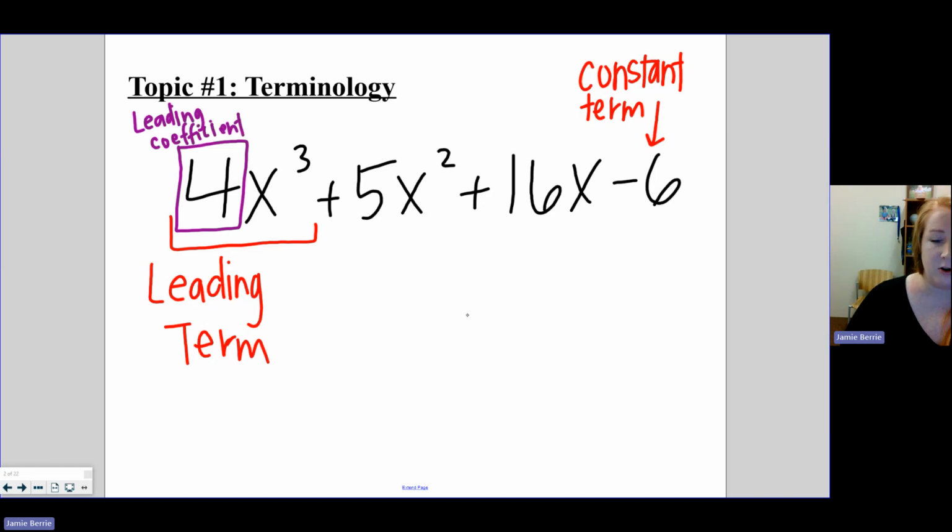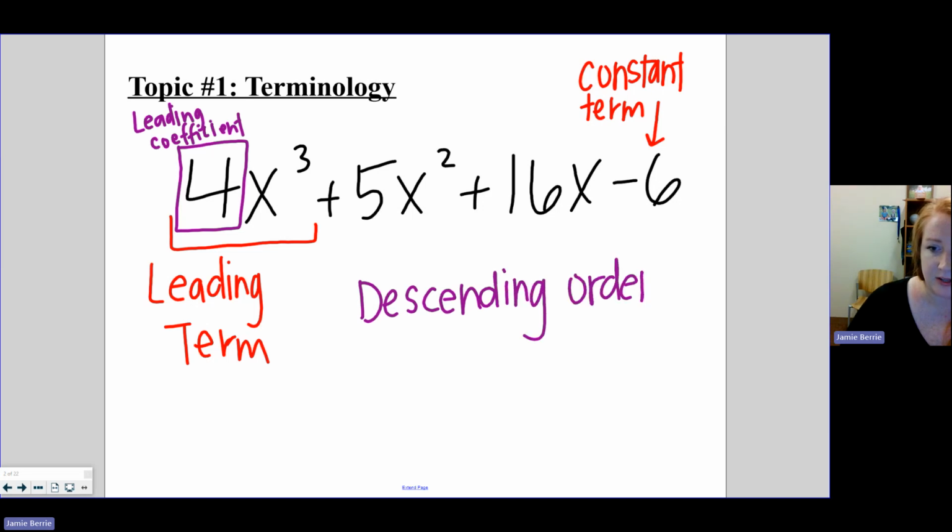If your polynomial is written in descending order, that's where the exponents are decreasing every time, then you can call that first term the leading term, and you can call the coefficient out front the leading coefficient.